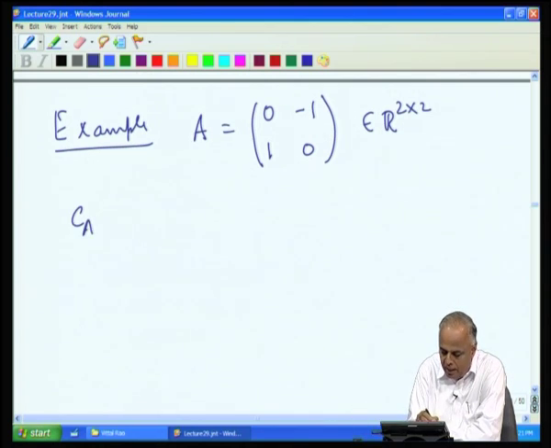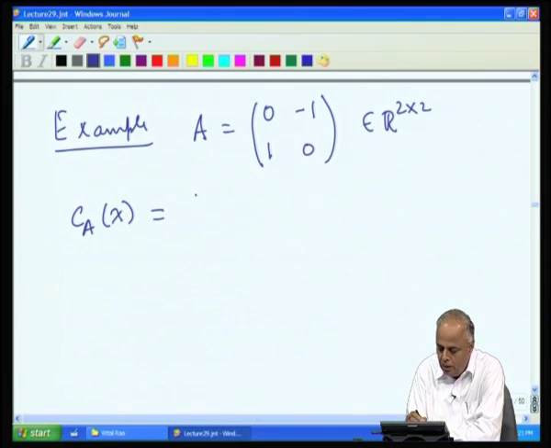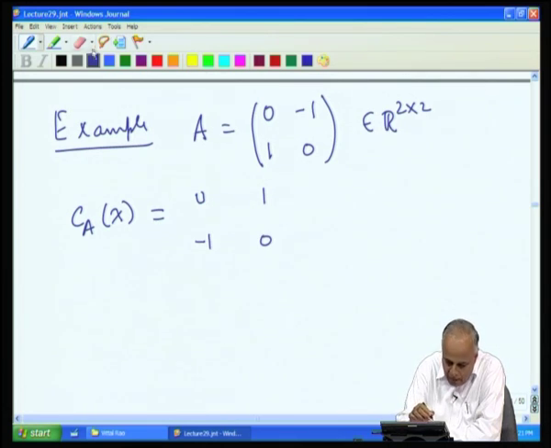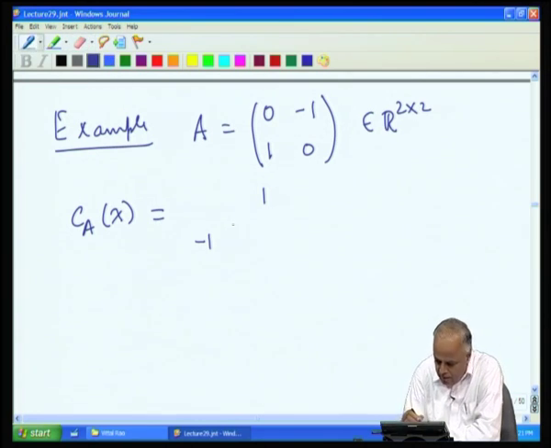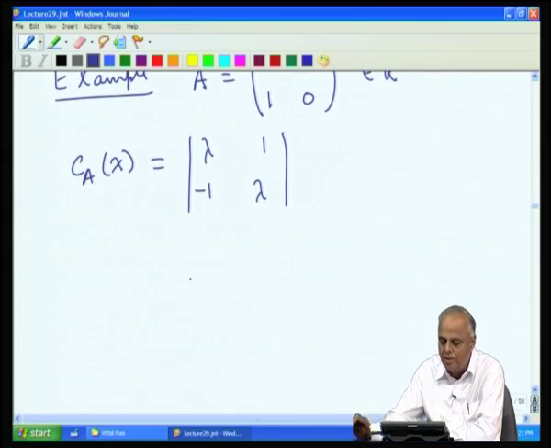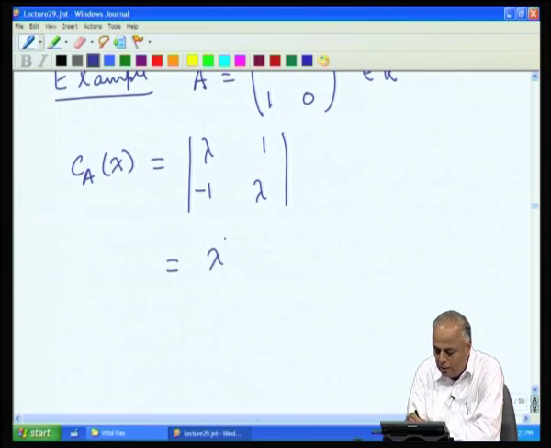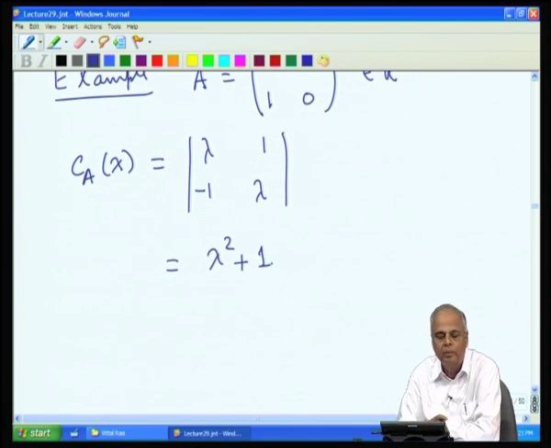Let us write the characteristic polynomial: negate the matrix and then stick a lambda along the diagonal, and when you expand this you get lambda squared plus 1.